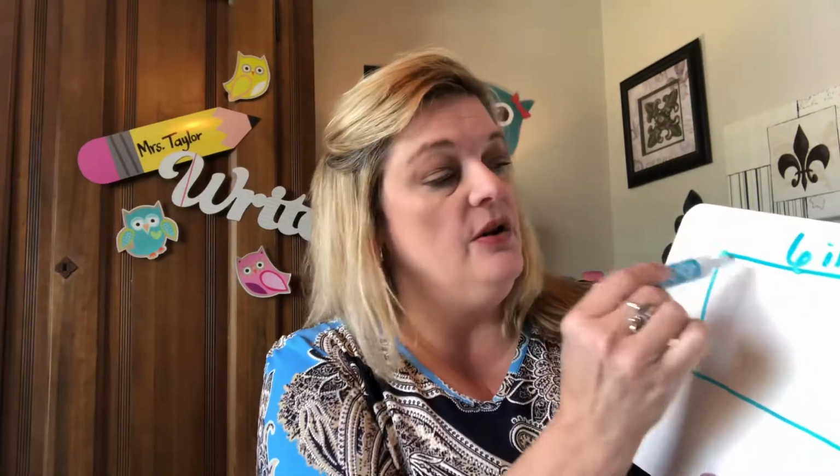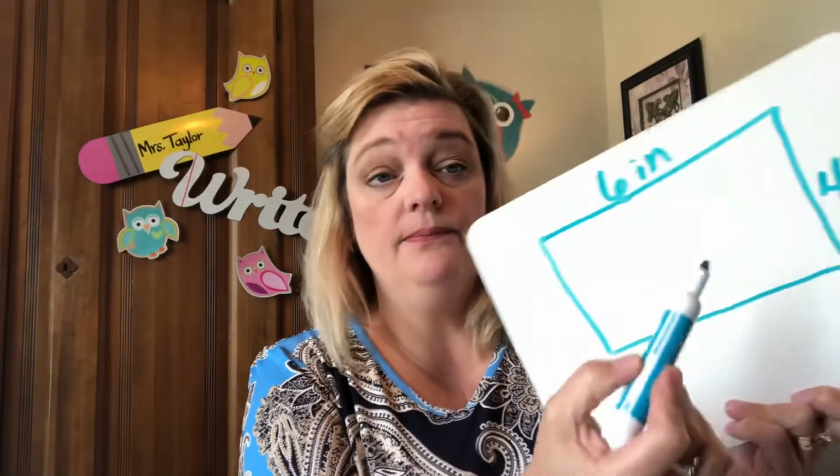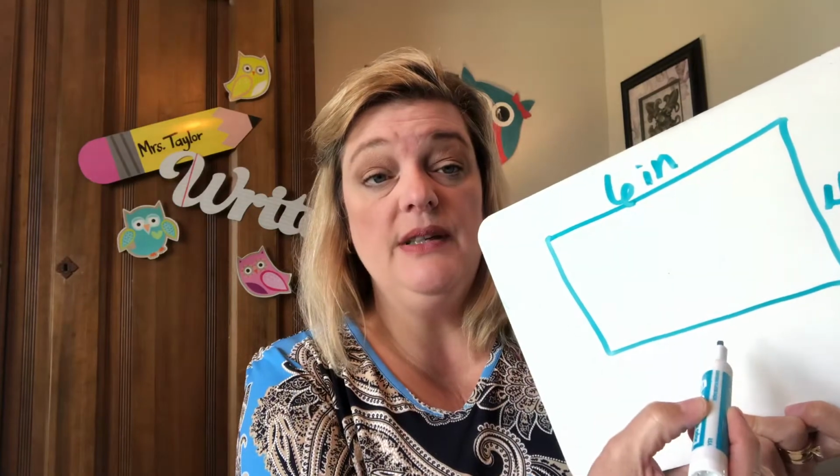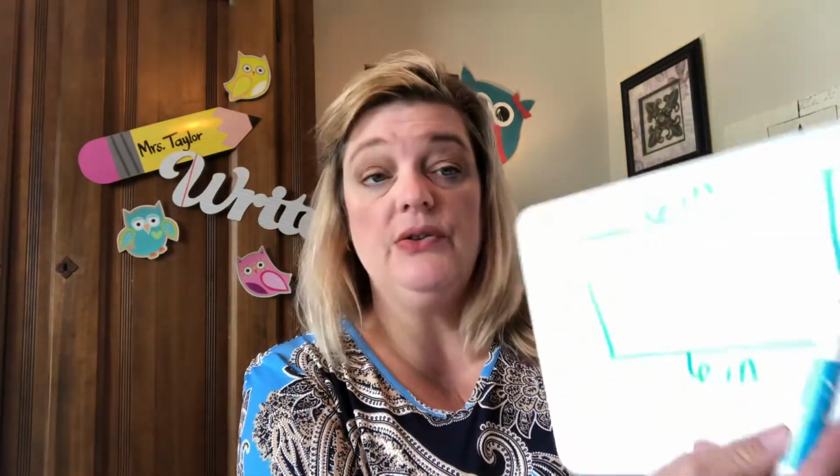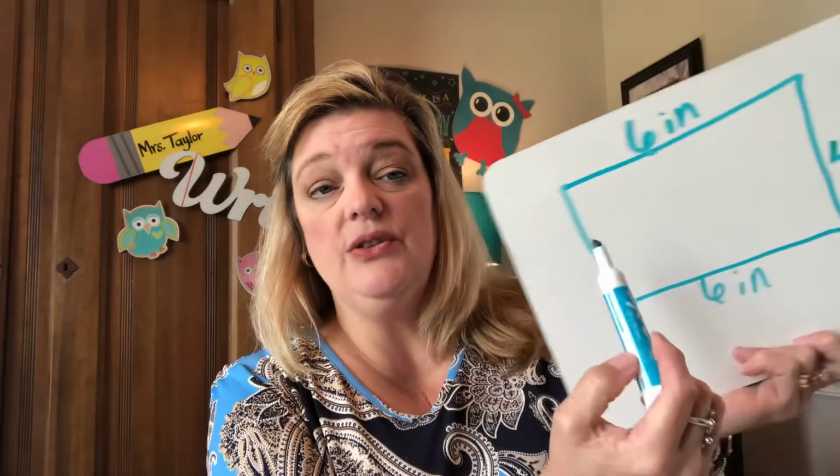It is the distance around an object. So if this side is 6, what are we going to assume this is? 6. And what are we going to assume if this is 4 inches? Yes, that would be 4 inches.